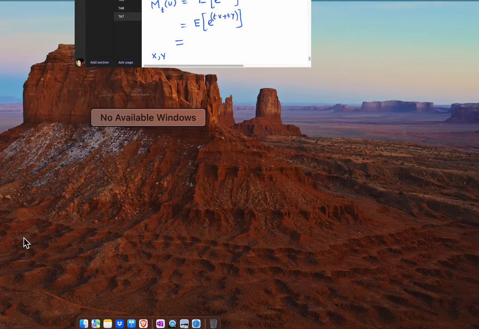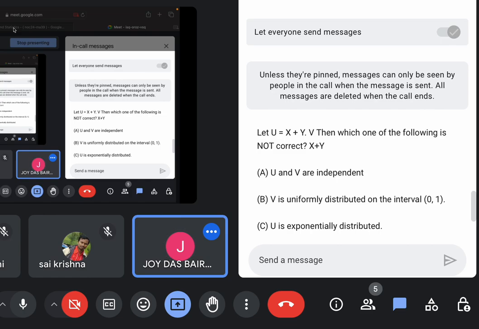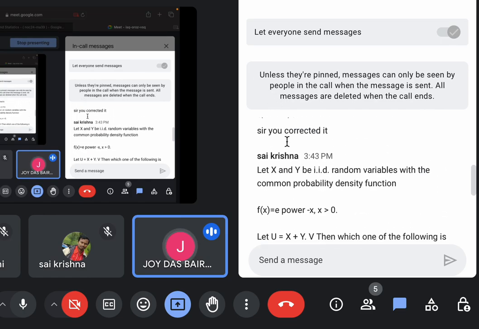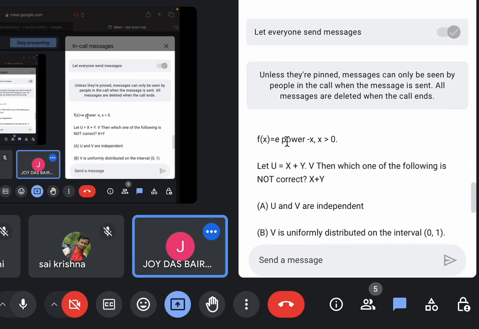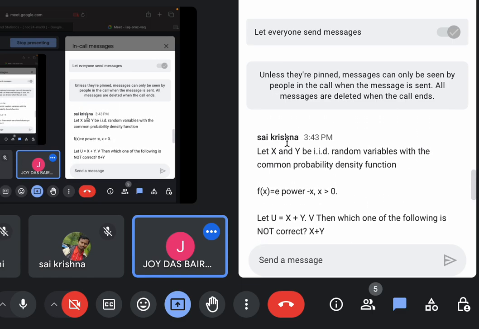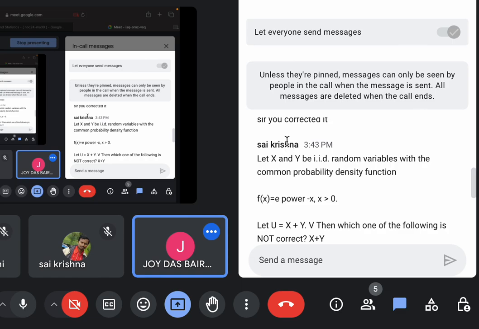its joint distribution is not given, right? Krishna, you are saying f(x) and f(y) are the same, and this question doesn't say anything about the joint distribution.